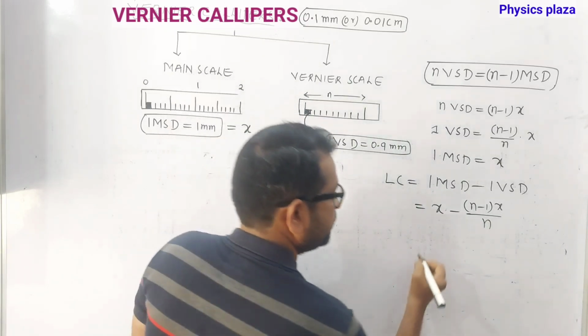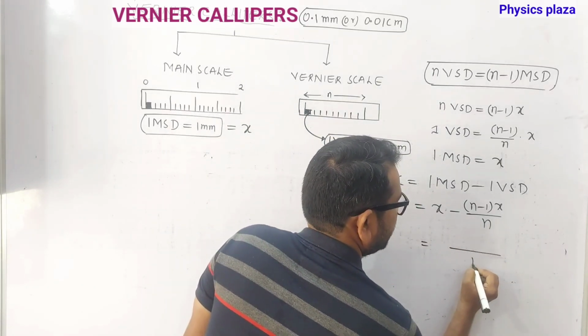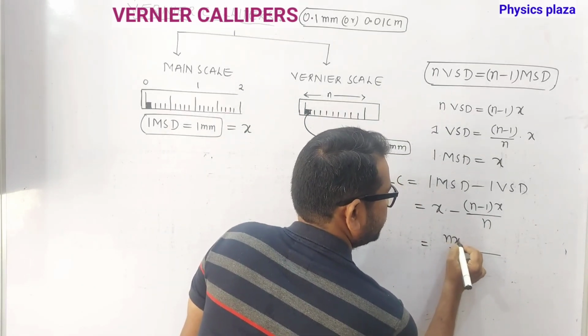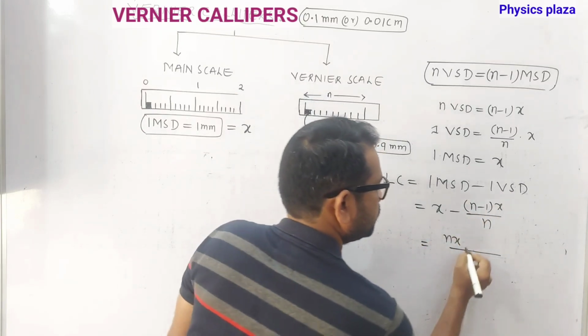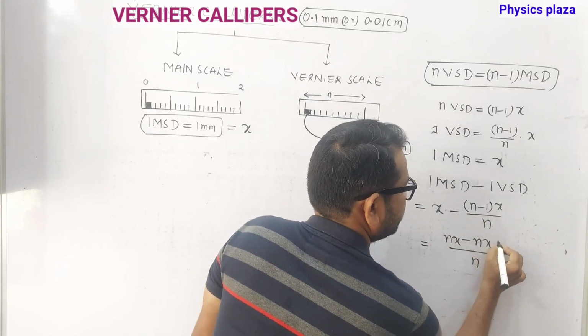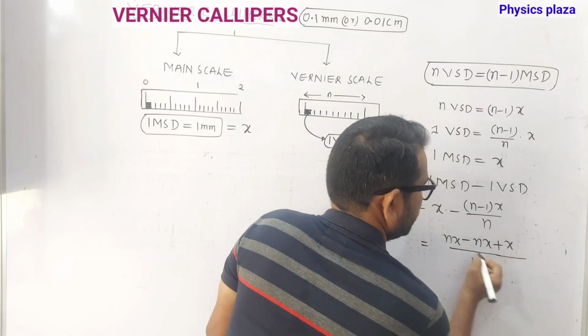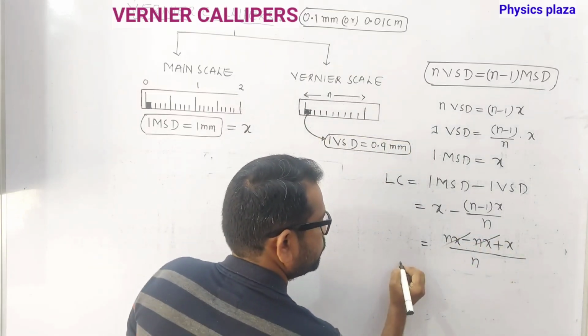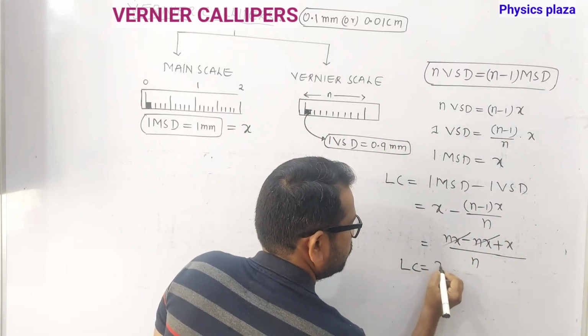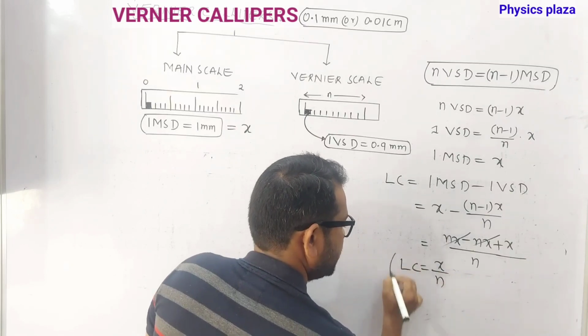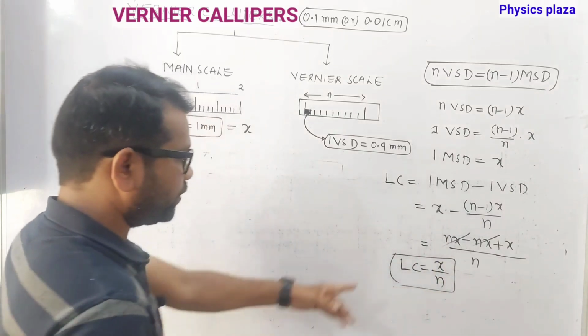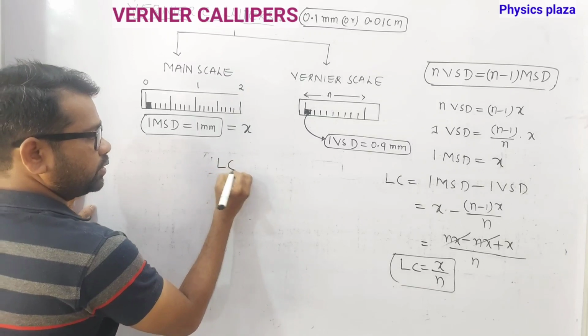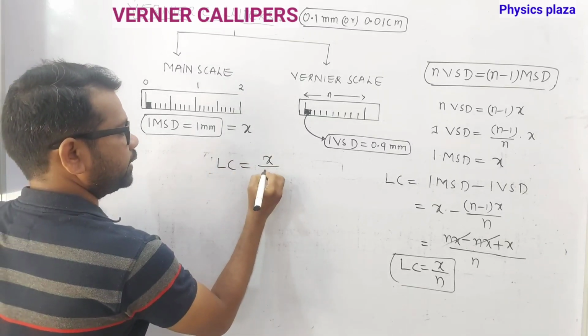Let us take the LCM, which is n. This is nx minus, in brackets, n minus 1 into x. Let us simplify this: nx minus nx plus x. The nx cancels. So the least count is equal to x by n.